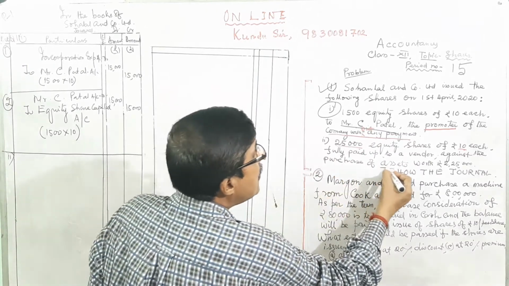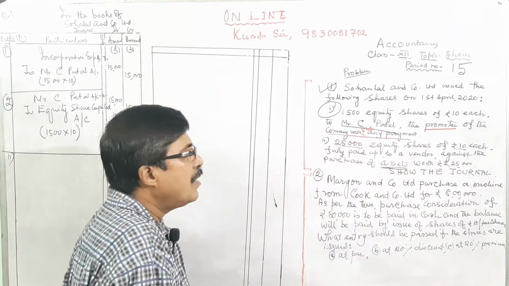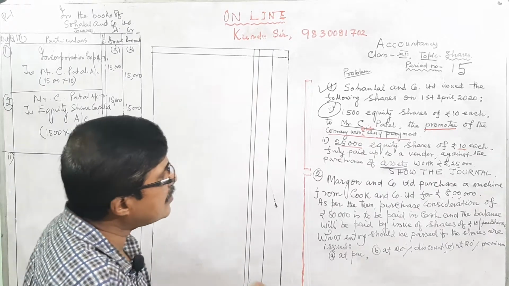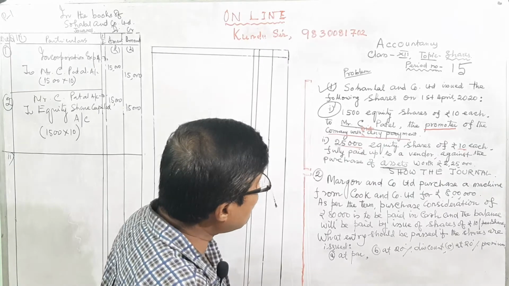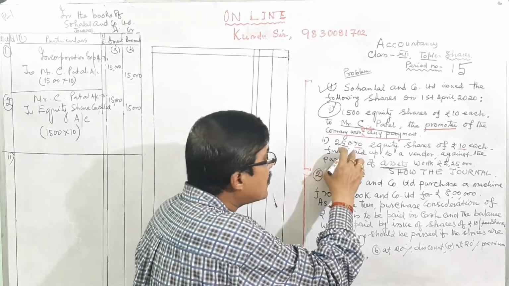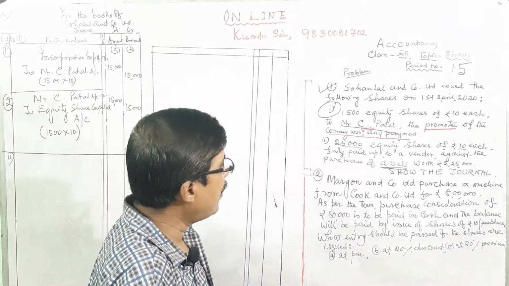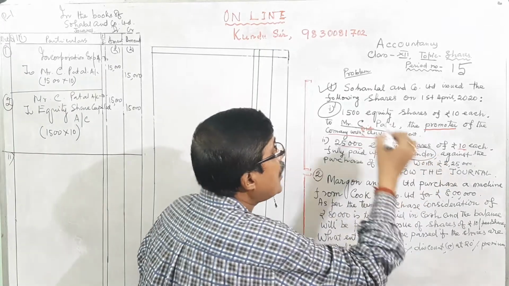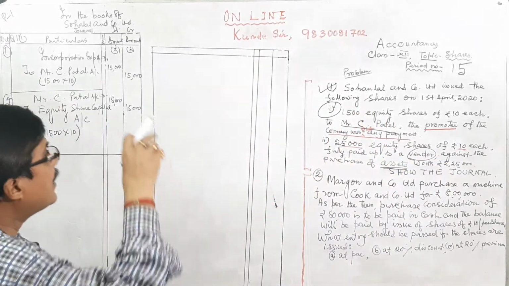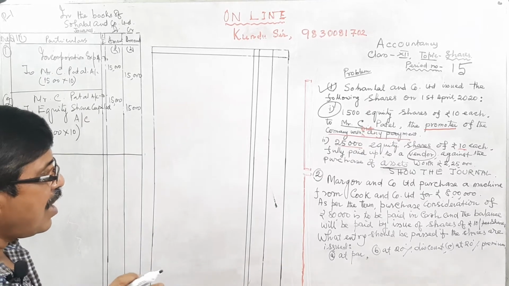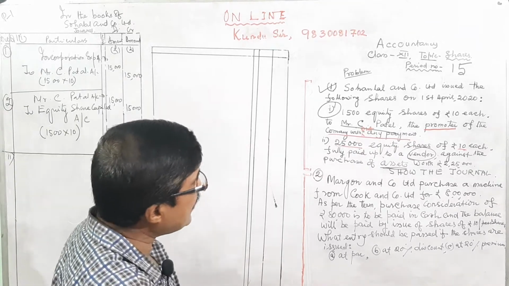Purchased assets may be machinery, plant, building, furniture, whatever it may be. 25,000 equity shares of rupees 10 each, that means 2,50,000, they are offering or giving to the vendor from whom the company is purchasing the asset.